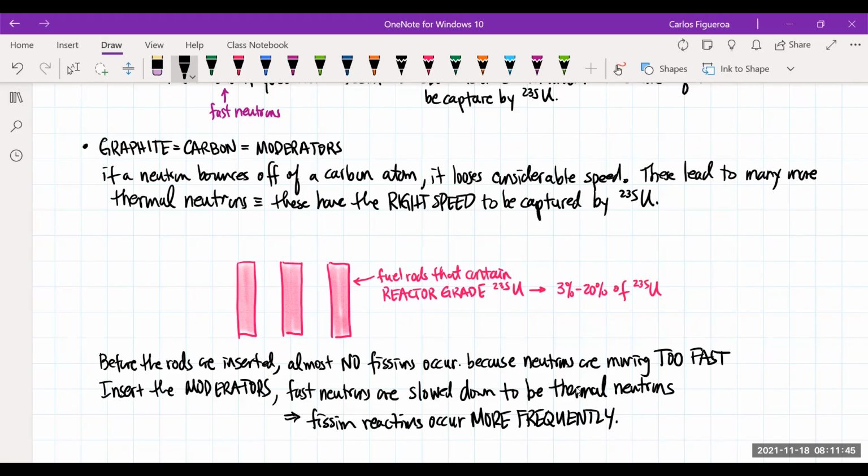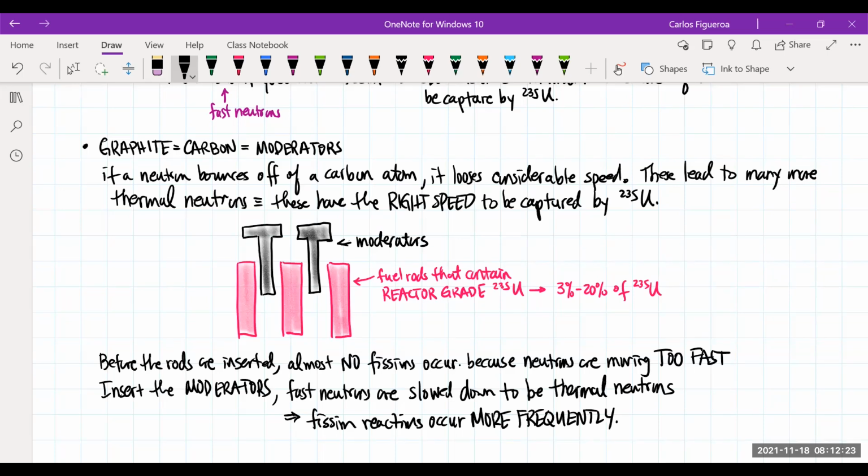So the idea here is to put the moderators in or keep them out. Let's look at the rods here. If you stick them in, then you get more fissions. If you take them out, then you get less fissions. And so these guys are moderators. And I think that's the appropriate name here.